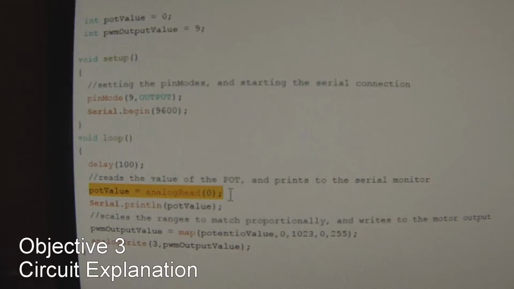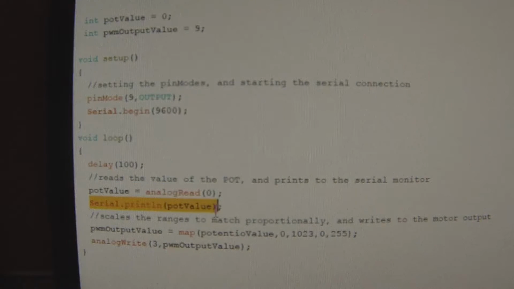For Objective 3, the analog value of the potentiometer is read from analog pin 0 and stored into the pot value. That value is then printed to the serial monitor after the delay of 100 milliseconds. The potentiometer value is then scaled via the map function.